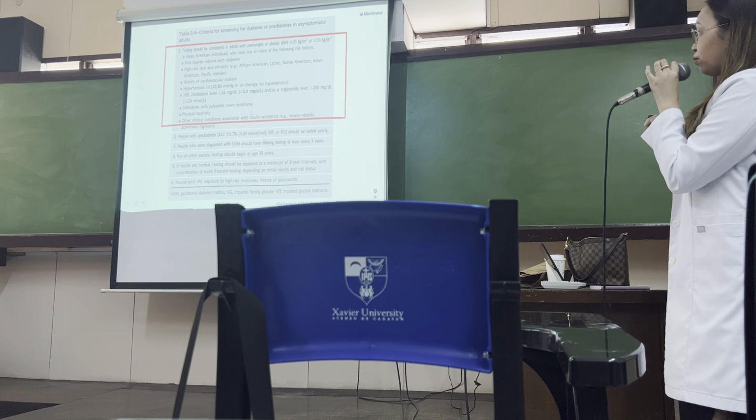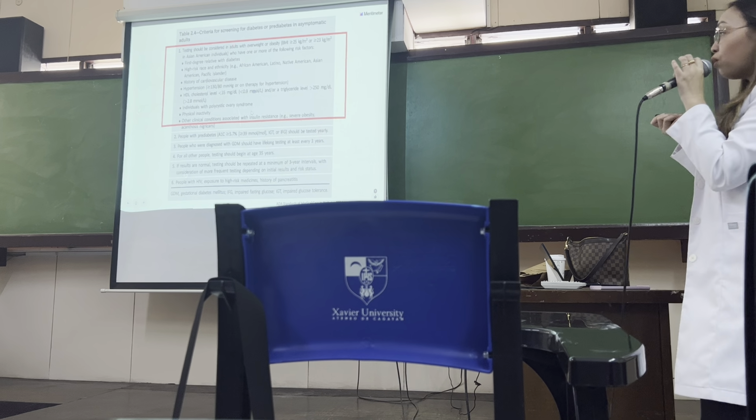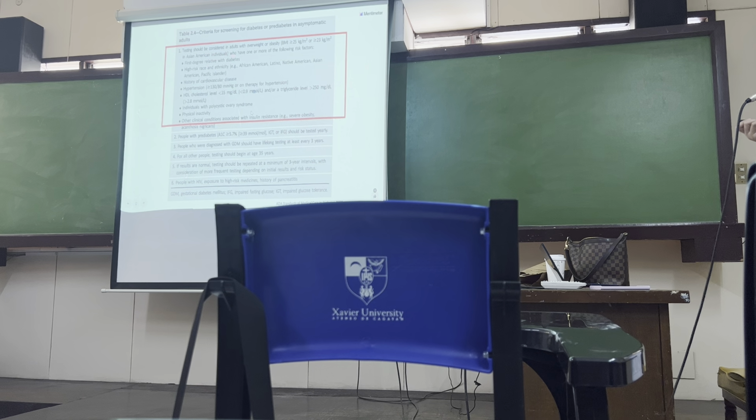If the individual is overweight or obese, and has one or more of the following factors, then you screen earlier. So who are these patients? High risk ethnicity, Filipino, first degree relative. When you say first degree, mama, papa, siblings, children. But first cousin, grandma, that's not first degree.